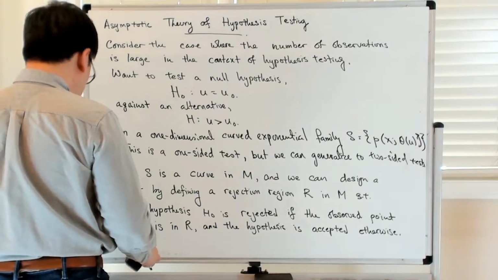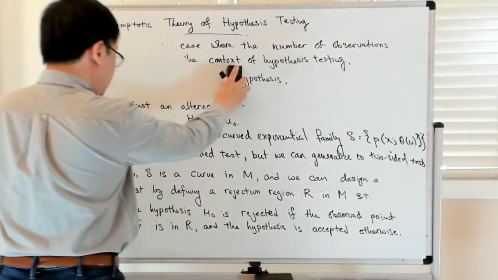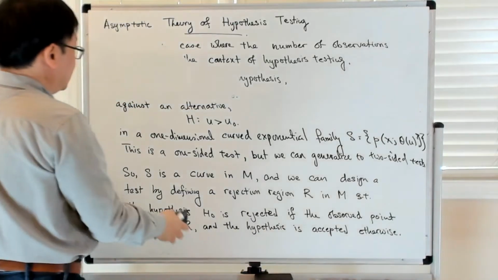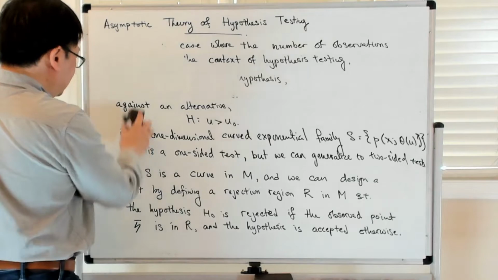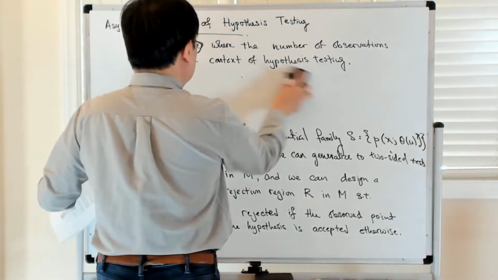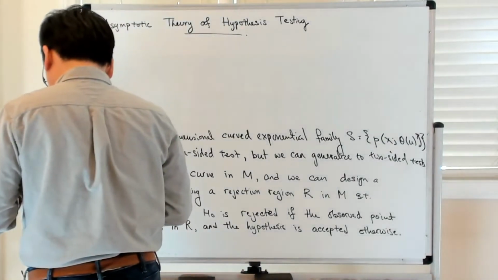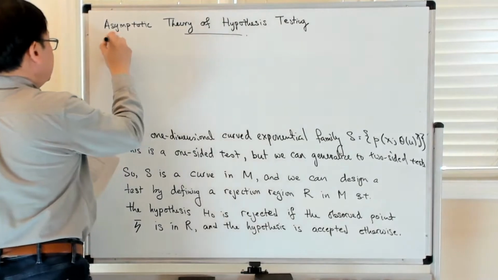So clearly, if you want a situation where the hypothesis is accepted when you're outside the rejection region, then the rejection region shouldn't contain U0.